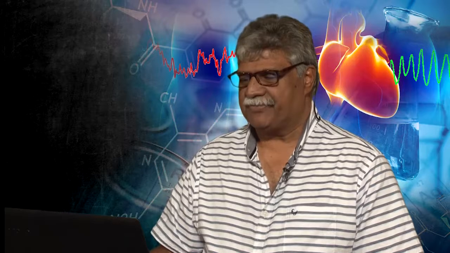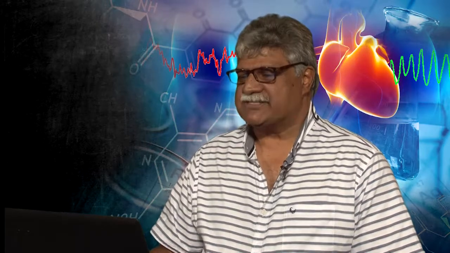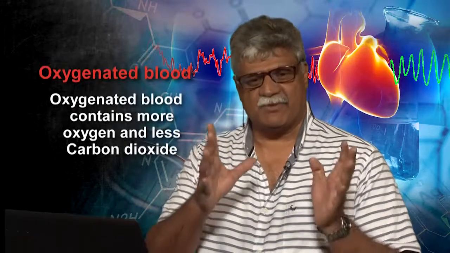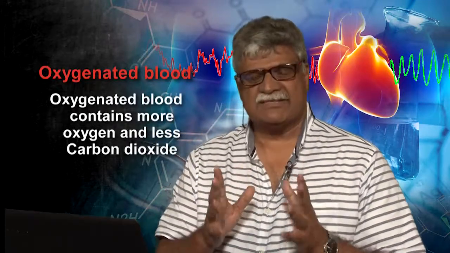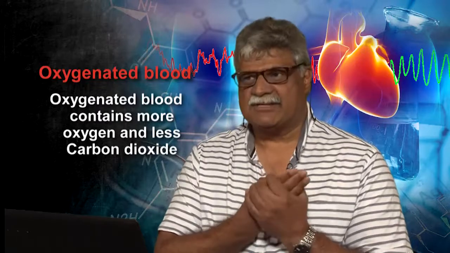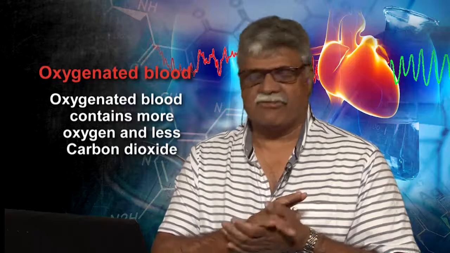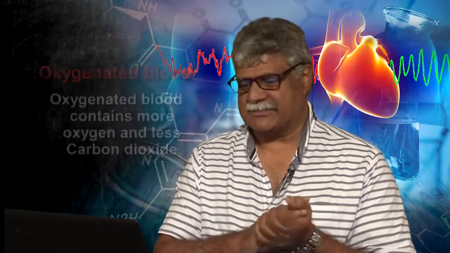Let's talk about what is deoxygenated blood and what is oxygenated blood. Oxygenated blood comes from the word oxygen, which means that this is blood that contains a high level of oxygen, and therefore a low amount of carbon dioxide.